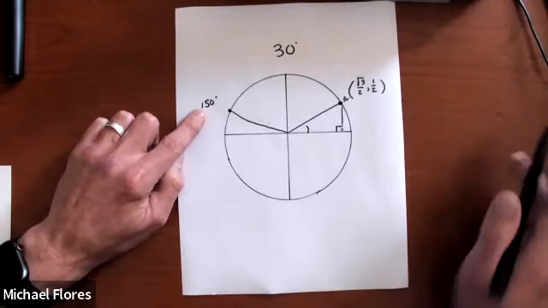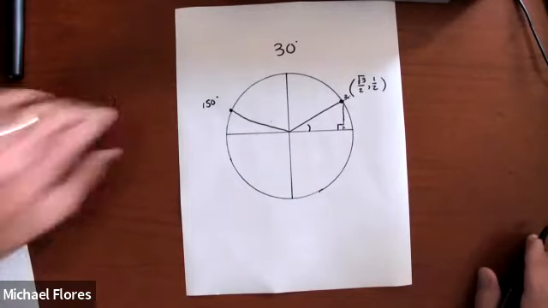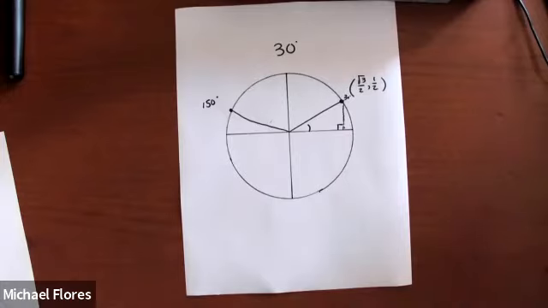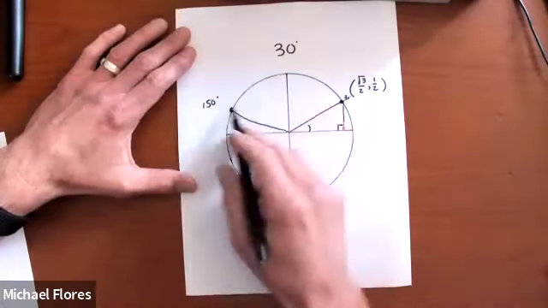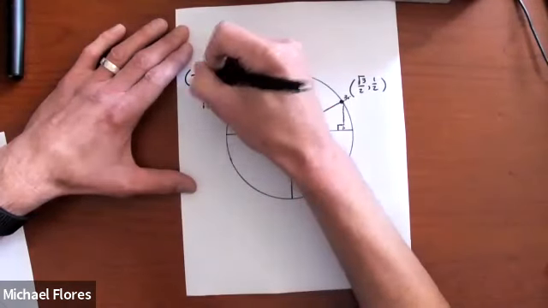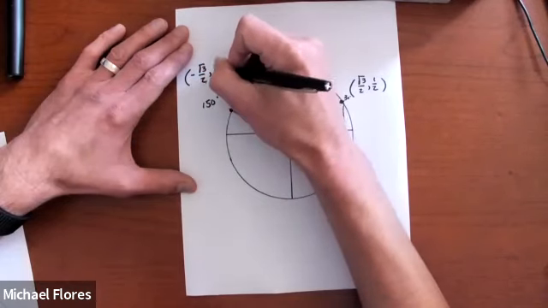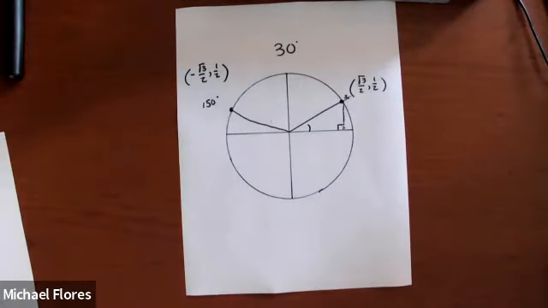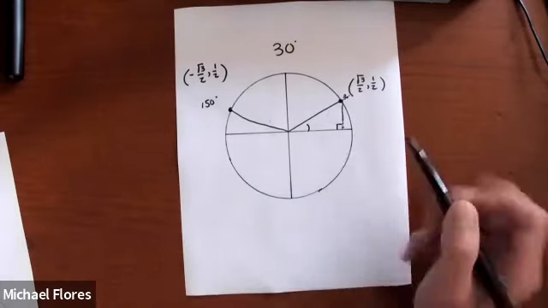Comma 1/2, yeah. This point and this point are reflected over the y-axis. So the numbers are going to be the same, but something might change from positive to negative or vice versa. And that's exactly what happened here. So this point here that is reflected over the y-axis from that point is negative root 3 over 2, comma 1/2. Okay, so we've taken care of the 30-degree reference angle in quadrants 1 and quadrant 2.